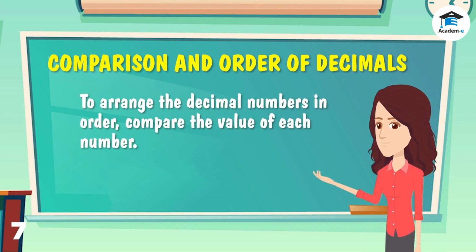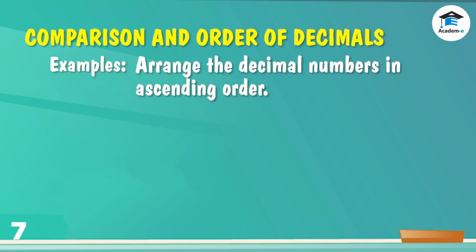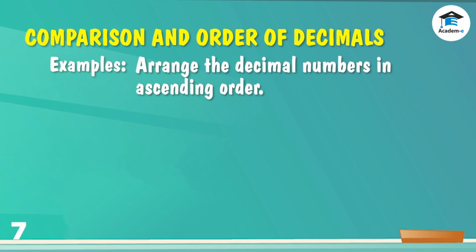To arrange the decimal numbers in order, compare the value of each number. Example. Arrange the decimal numbers in ascending order.